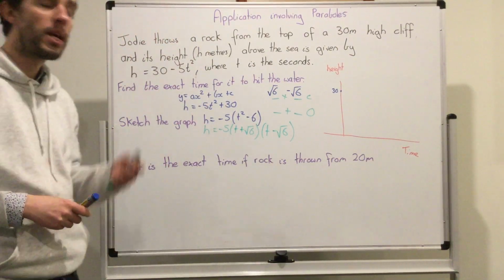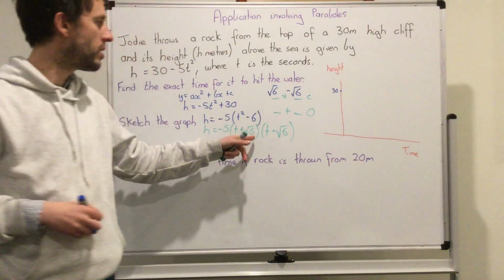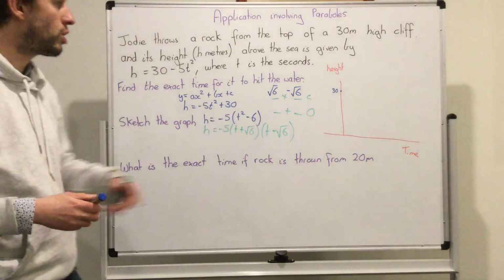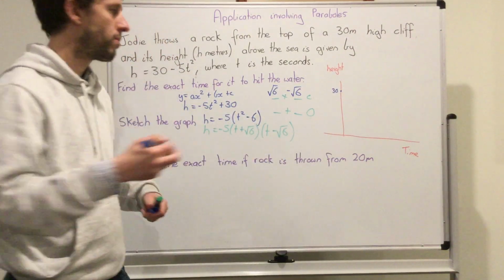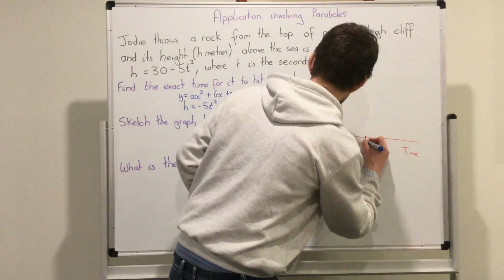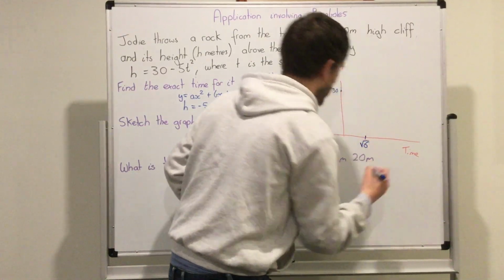So that tells me that our intercept for t, well, we ignore the negative, is when we've got the square root of 6.